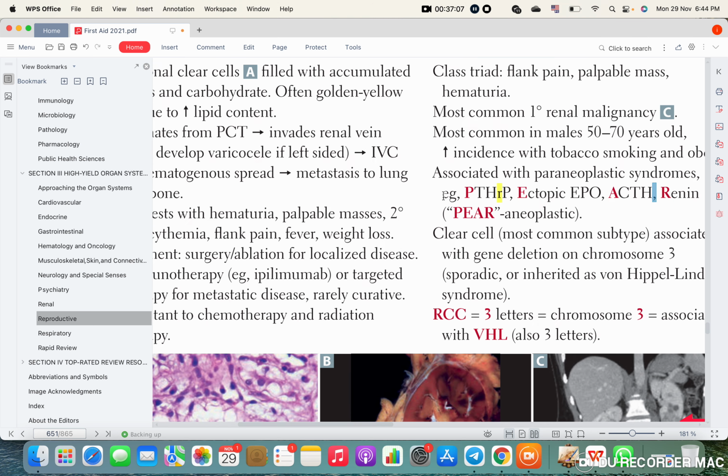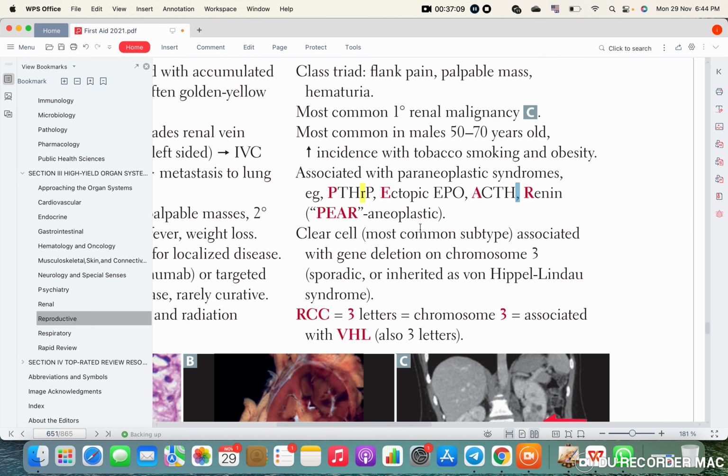Okay. So here they write a beer mnemonic, which means parathyroid hormone related peptide. What does the parathyroid hormone do, guys? What does it do for your calcium, for example? Yes, it increases the calcium. What about potassium?